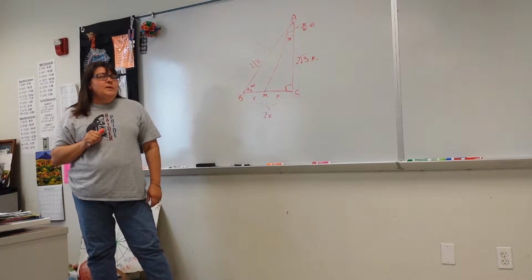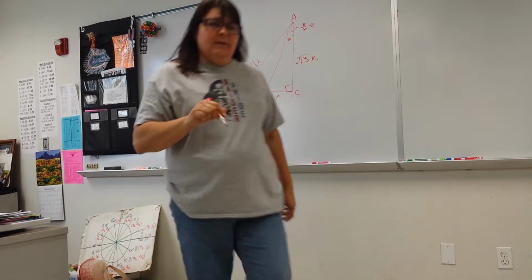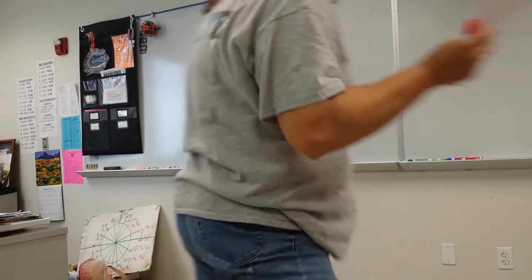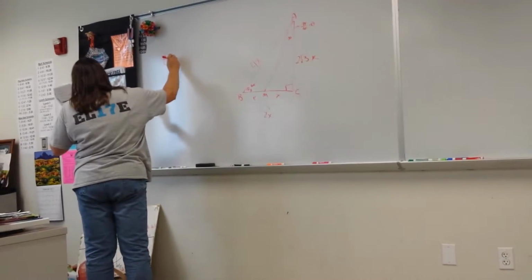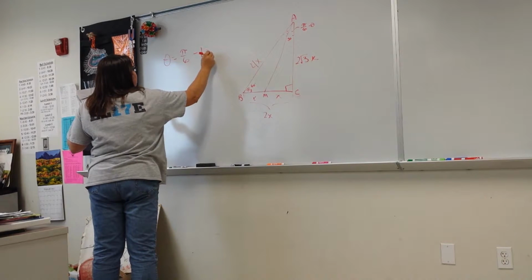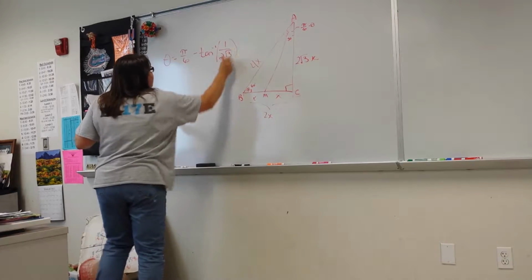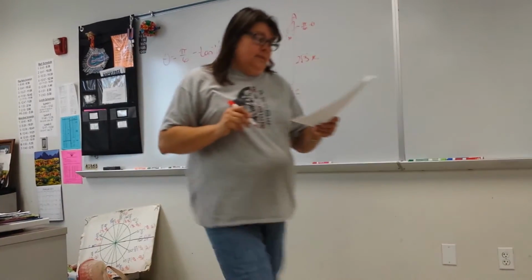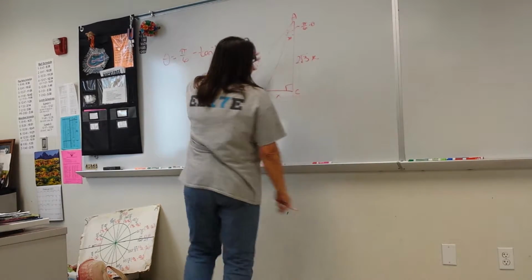Okay, so the problem wanted you to show that theta equals pi over 6 minus tan to the negative 1 of 1 over 2 square root of 3. So it wants you to actually solve for theta here.